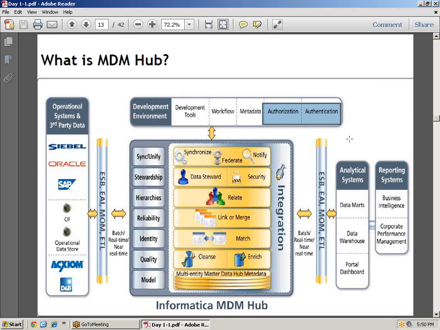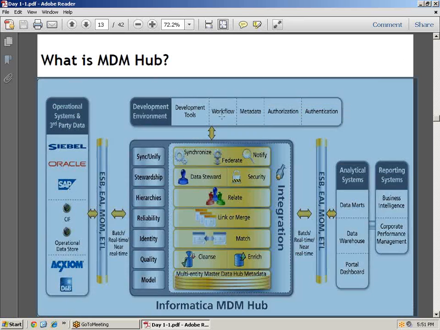Whatever authentication and authorization we have within the external tool, like LDAP, we can avail of them within this hub, so we don't need to follow the internal hub-provided authentication and authorization mechanism.